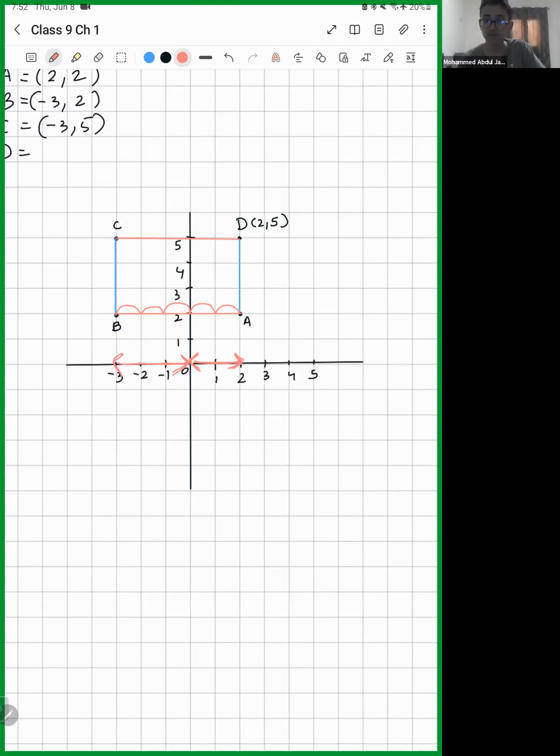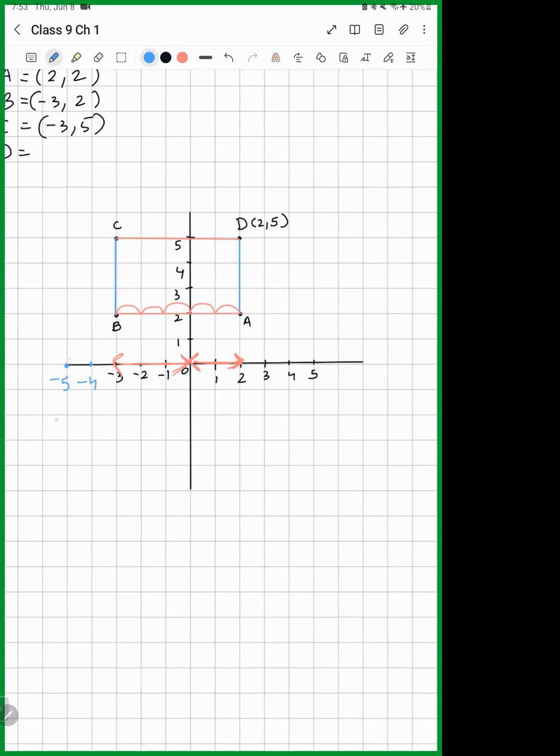Normally, when we're counting distances, we count what is called the absolute value. That means if there is a point minus 5 and this point minus 4, what is the distance between them?